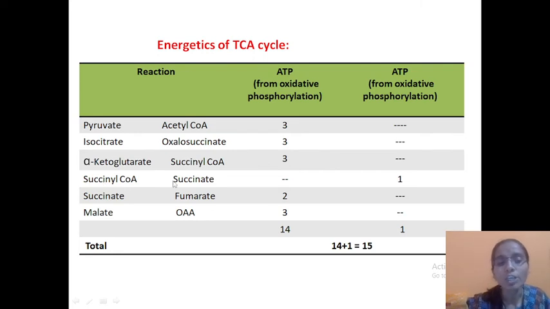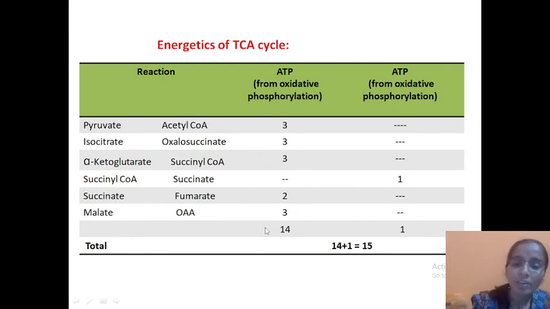Then succinyl CoA to succinate conversion generated one GTP, which is called substrate level phosphorylation. Then succinate to fumarate conversion formed FADH2. From that we will generate 2 ATP, right? And then from malate to OAA, oxaloacetic acid, the cell will generate one NADH.